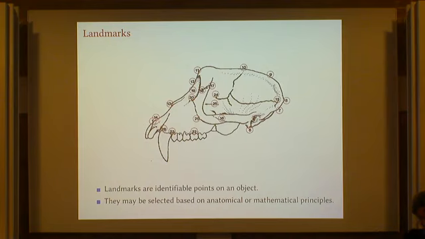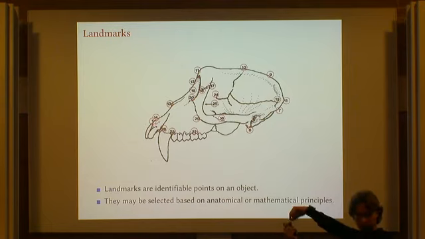And then if I now look at 10 skulls, I can put point 8 on each one of them, and they will be in biological correspondence to each other. Or I say point 1 is where the front tooth joins the jaw bone.